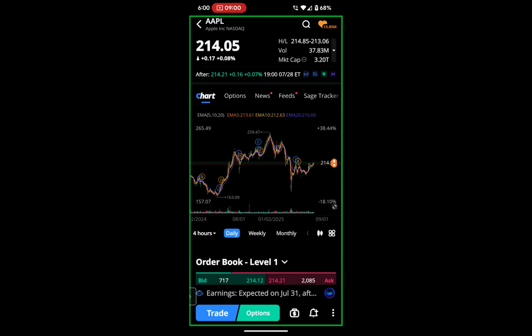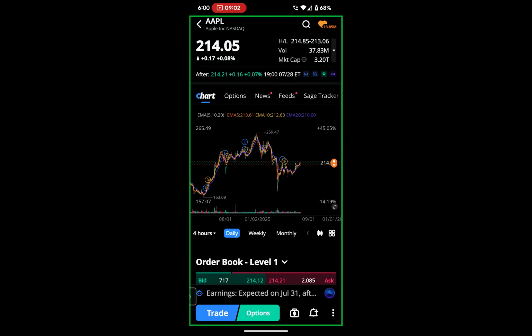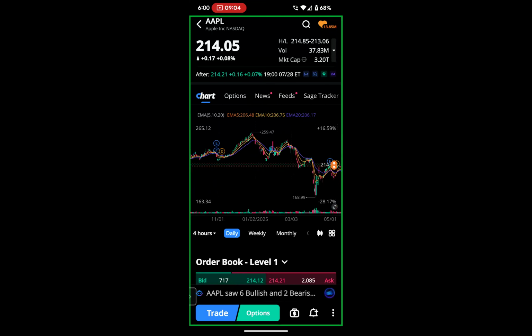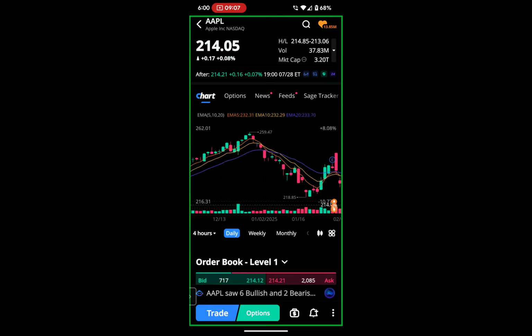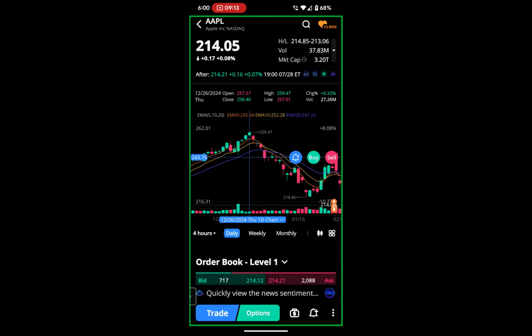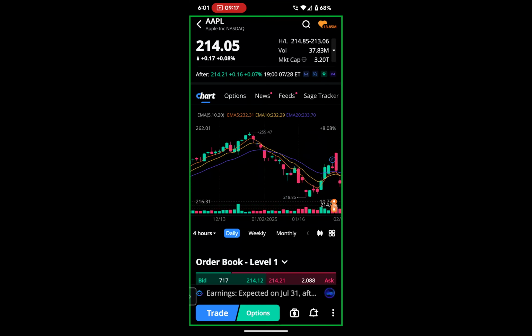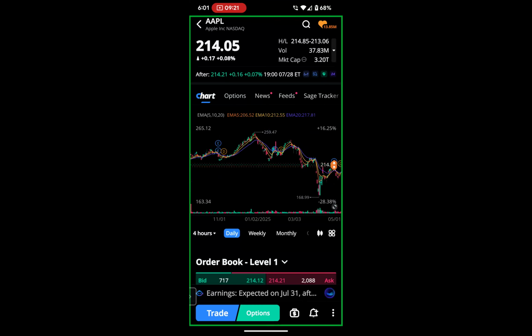So anytime you see a high top, so it's at this 259.47, then this is also a great, if anything, an even better example of, hey, the stock went up. It could not go up anymore because it hit resistance at that 259.47, and then it went down and went back the other way.